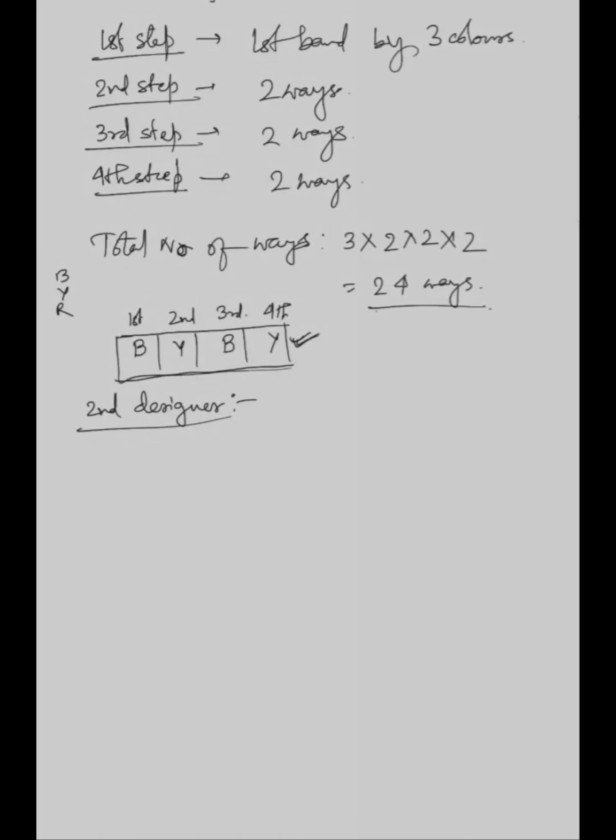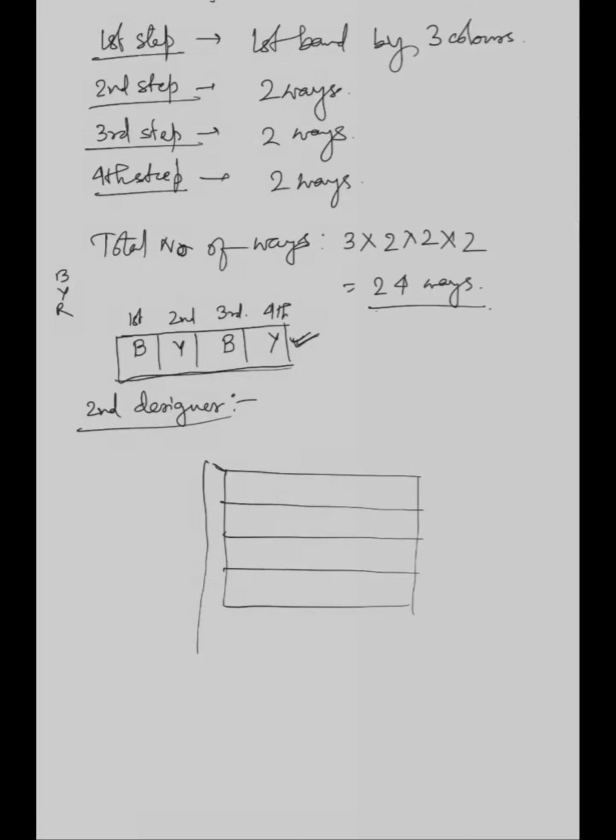The second designer, this is the flag, suppose first band, second band, third band and fourth band. So this is the flag, and there are four bands there. Now the second designer has adopted a different method.